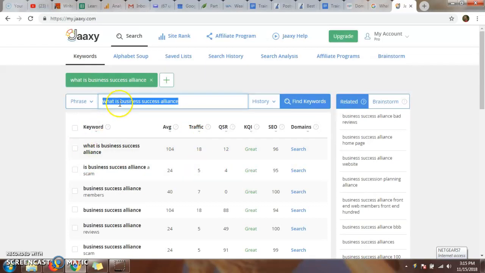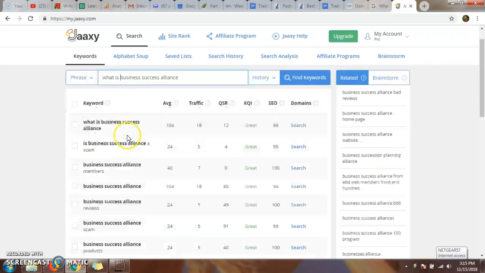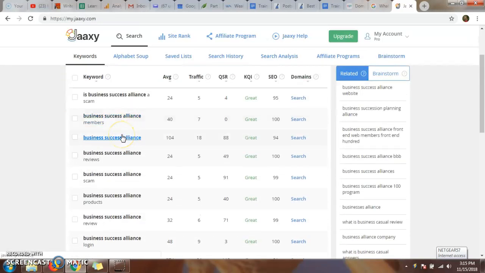Let's compare this phrase against, for example, the product name, is the product name a scam, is the product name a pyramid scheme, product name plus review. We look at some of those metrics in this example. Business Success Alliance reviews doesn't have a lot of traffic.